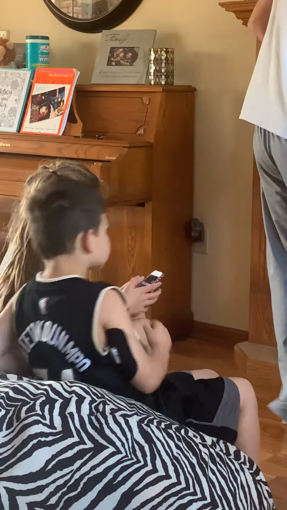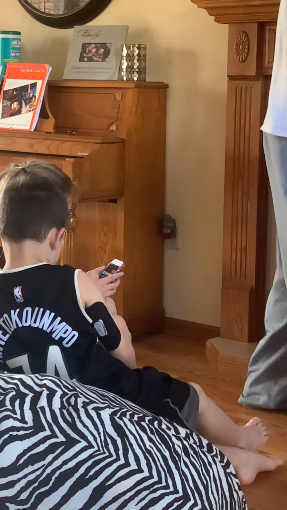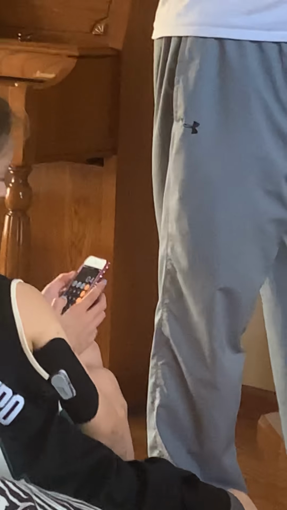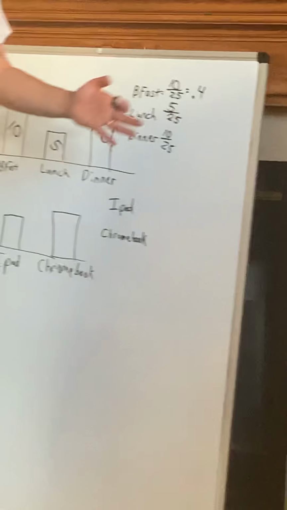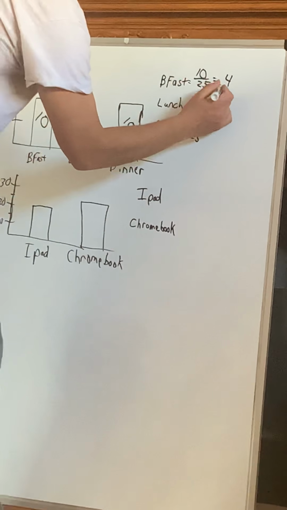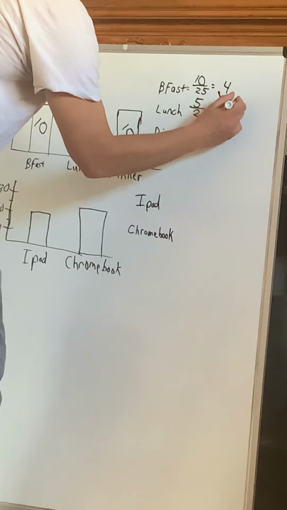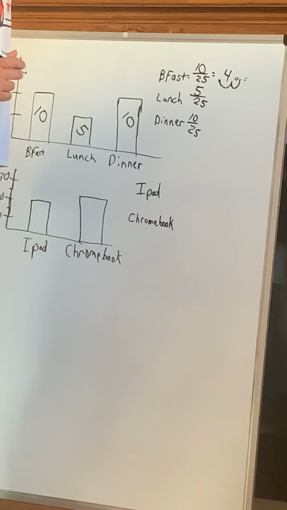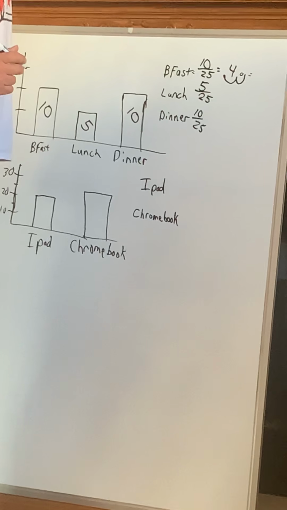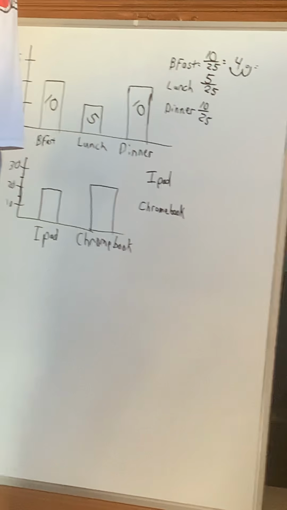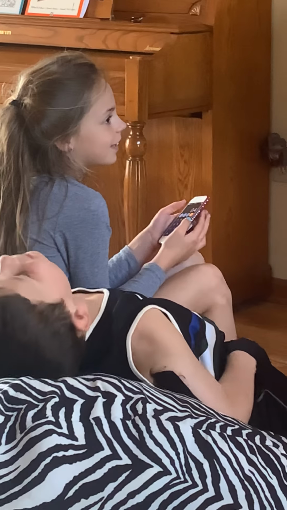Tell me what that decimal is. 0.4. To make the decimal 0.4 a percent, you move your decimal 2 places, 1, 2. So our percent would be what? 40%.